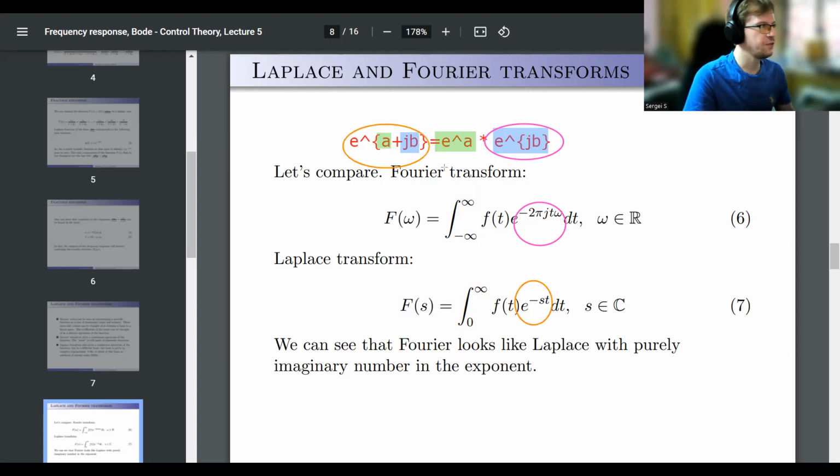So the difference between Fourier and Laplace is that we are missing this component. We are missing this part, e to the power a. So we are missing the real part of the complex variable in the Fourier transform. In the Laplace we have it, in the Fourier we don't. But for a system which represents a stable differential equation, this part is going to be dying down exponentially.